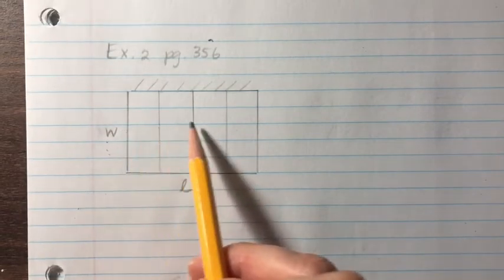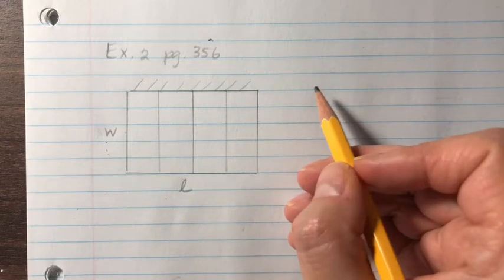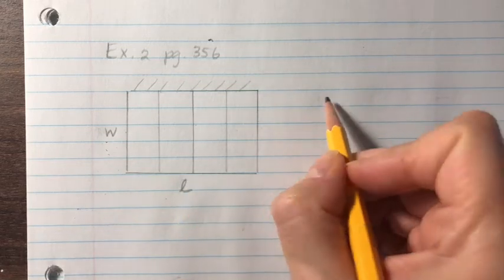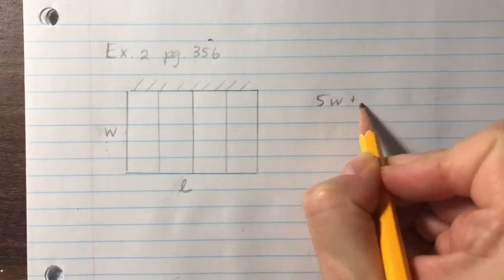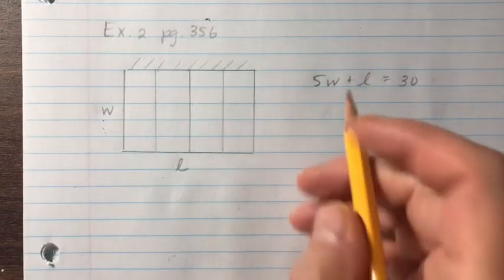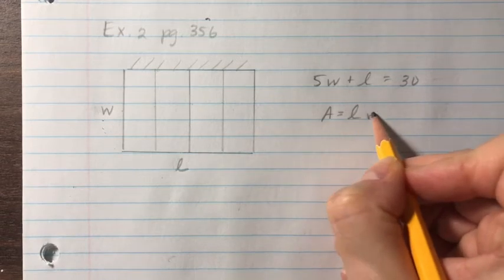So I have 1, 2, 3, 4, 5 sections of chain link fence that are W units long and one section that is L units long, and all those sections combined have to equal 30 meters. So here's an equation that I can write using that information. And I also know that we're trying to maximize area and that the area of a rectangle is length times width.